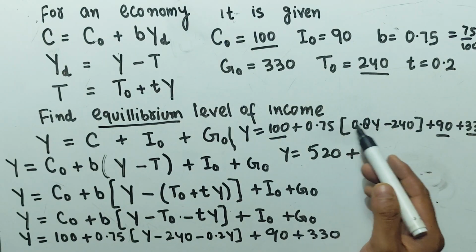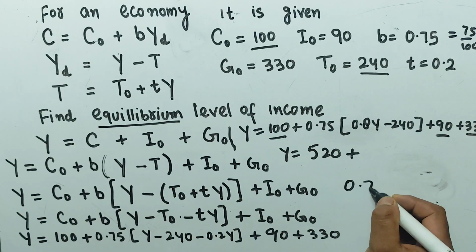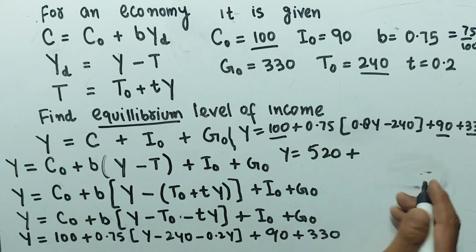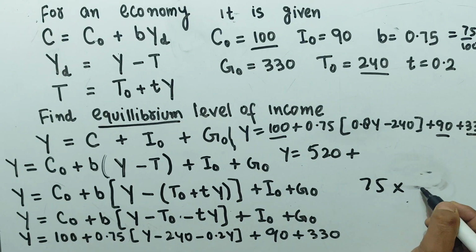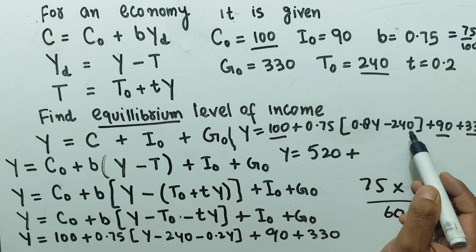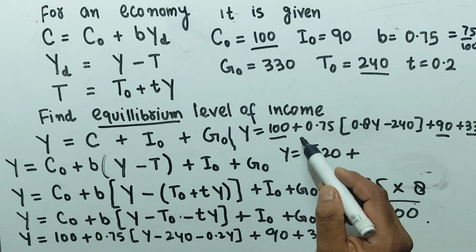So we have 0.75 times 0.8, or let us do it like this: 75 into 8, so 8 5s are 40, 8 7s are 56, 57, so it is 600.